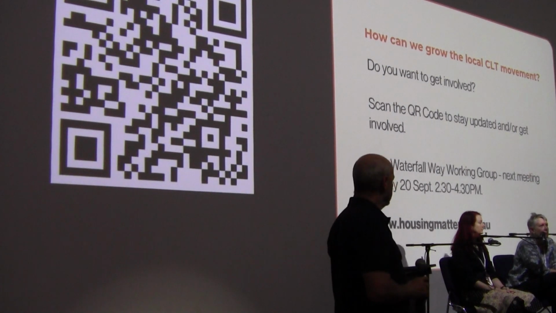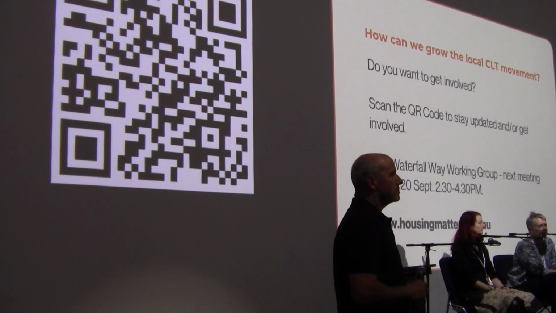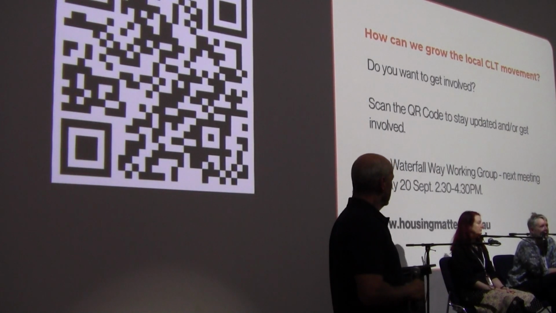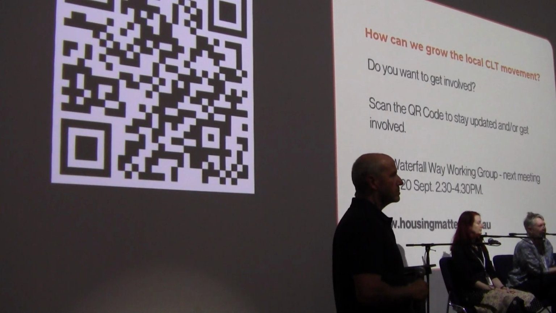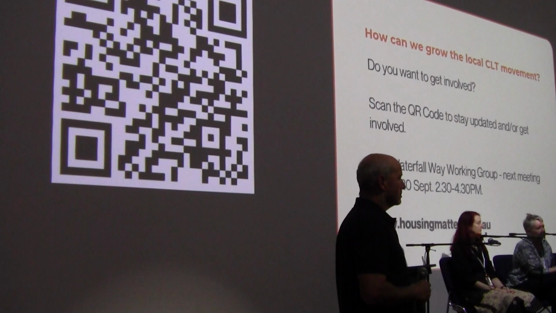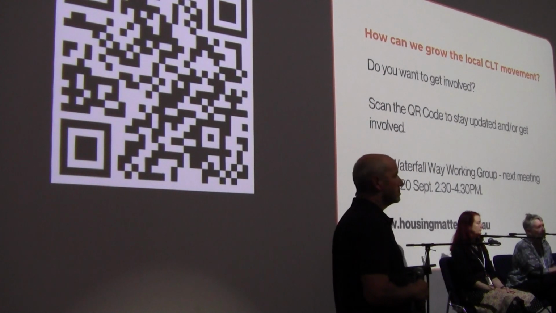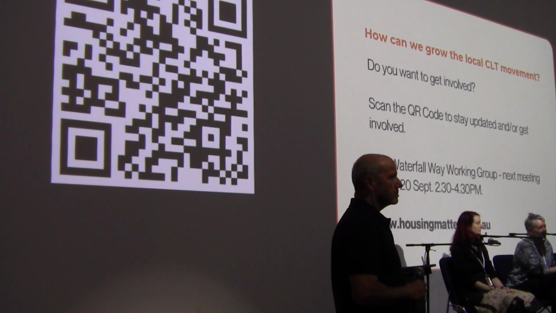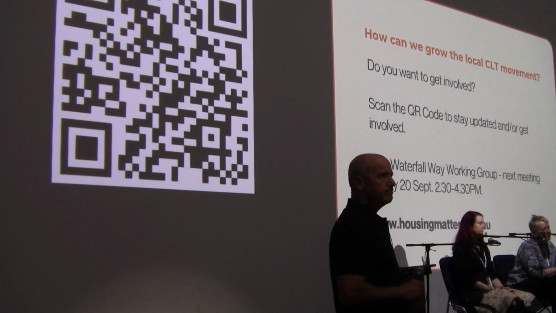And as Louise said, Minister Jackson spoke at the launch of the Australian Community Land Trust Network, and she made some very promising comments about access to government land. There's not-for-profit owned land, there's underutilised government land, and there are also residents who do have more than enough for themselves and their families who want to make a difference. So that's our starting point.